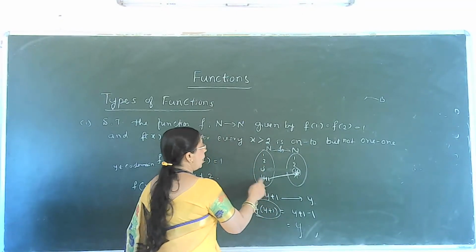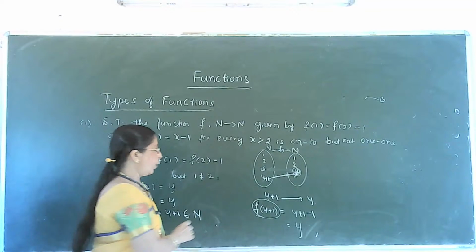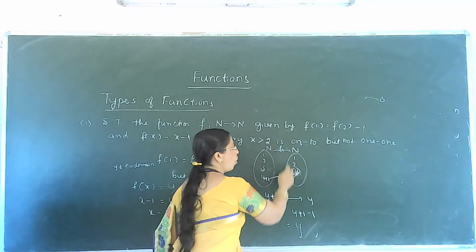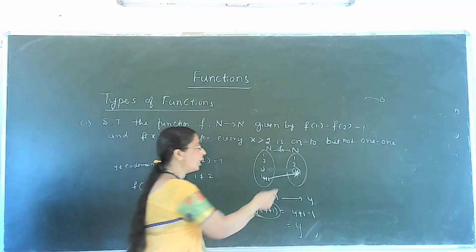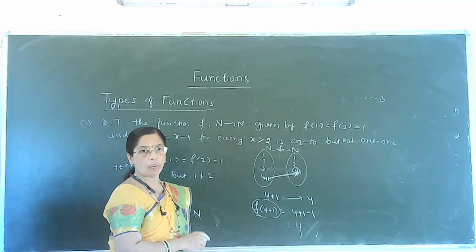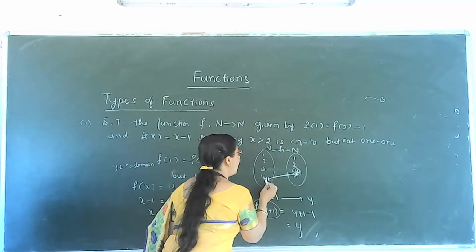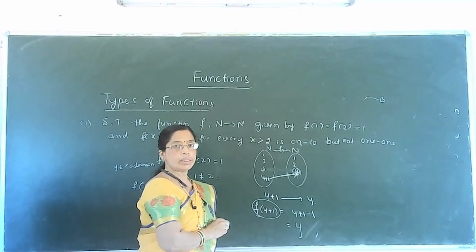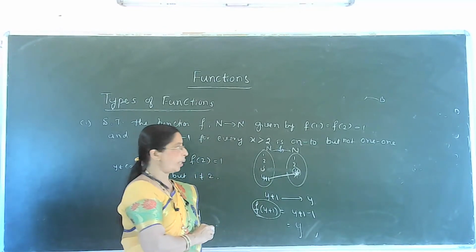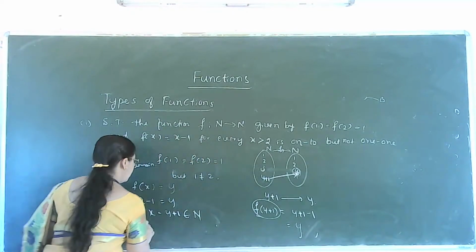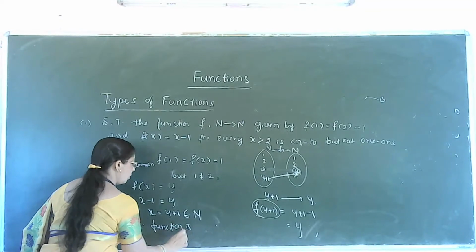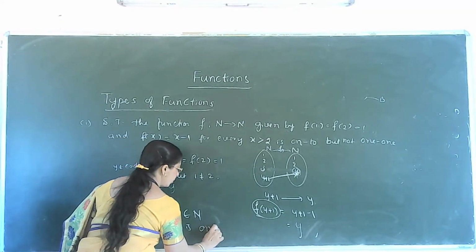Here the element y plus 1 in the domain has an image y in the codomain. Therefore, every element of y has a pre-image in the domain. Therefore, the function is onto.